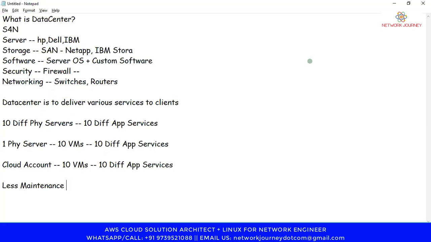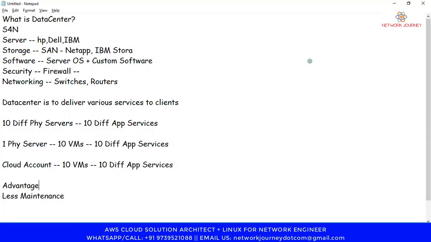Still, in most cloud projects, most organizations will move into the cloud but still need very few servers on-prem, which we can discuss later. But the main reason for moving into the cloud is the advantage of less maintenance.